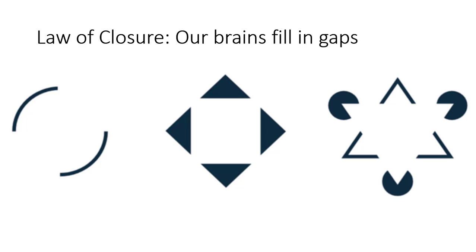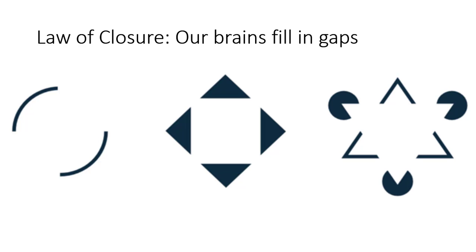Well, there's a couple things here about this phenomenon that's pertinent to learning theory when it comes to cognitivism. One is that our brains tend to fill in gaps. So if we take a look at the squares in the middle, there are two squares. There's a white square and a black square.